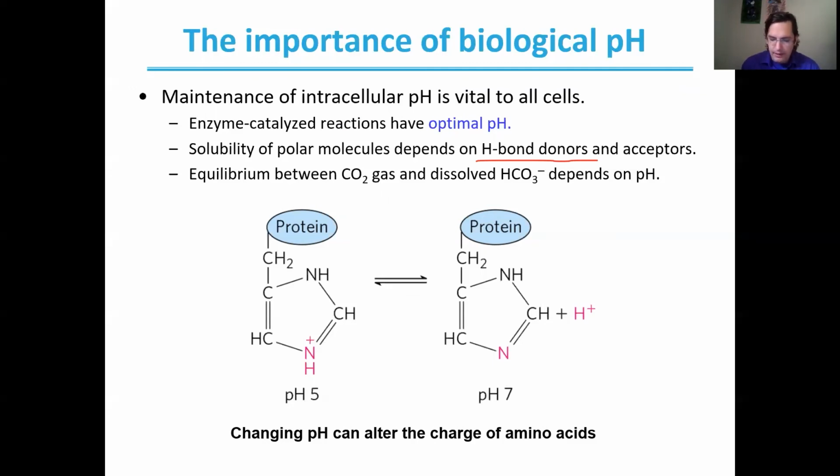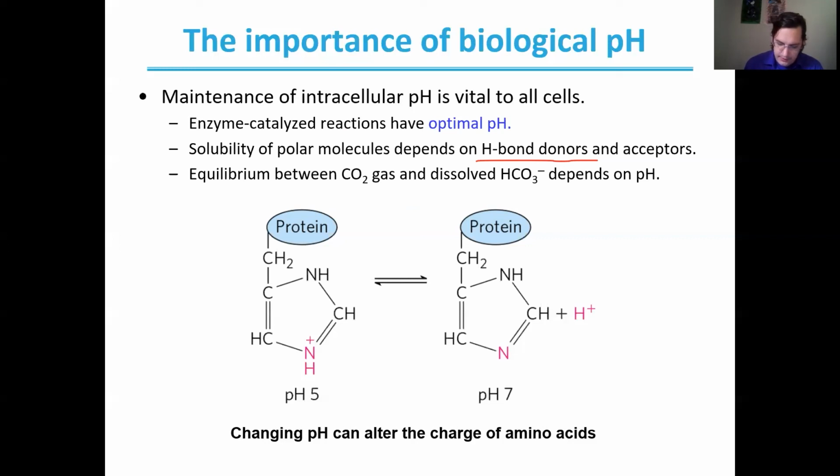So all of our biological processes are affected by that ratio of weak acid to conjugate base. So it's actually very important to maintain a specific pH within the body so that we're not just constantly changing the charge and the solubility as well as the rates of our reactions.